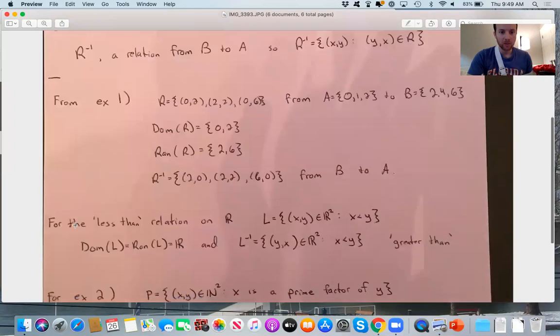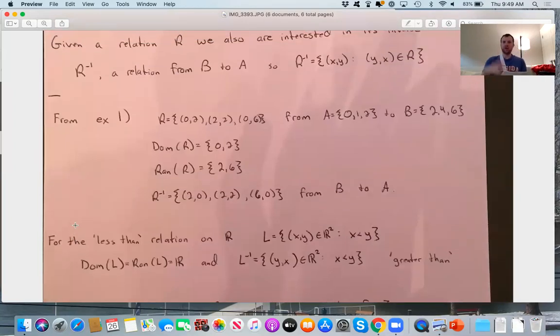So for example, let's look at our finite small relation: (0, 2), (2, 2), (0, 6), from the set A = {0, 1, 2} to the set B = {2, 4, 6}. The domain is anything that appears as a first coordinate. So we get 0 and 2 and 0 again. The fact that 0 appears twice doesn't change what the domain is.